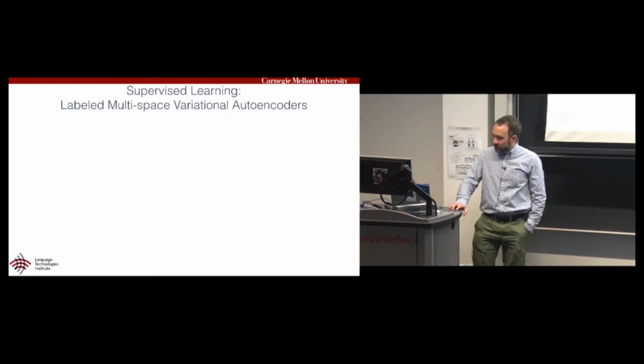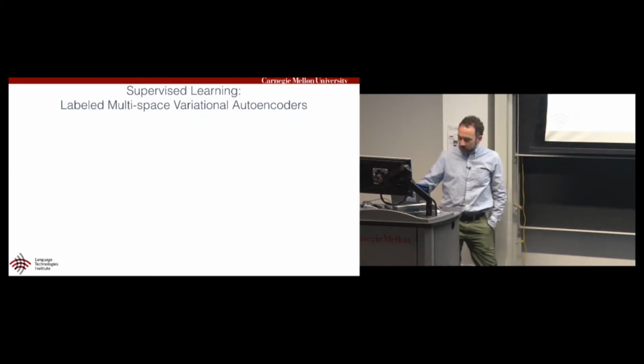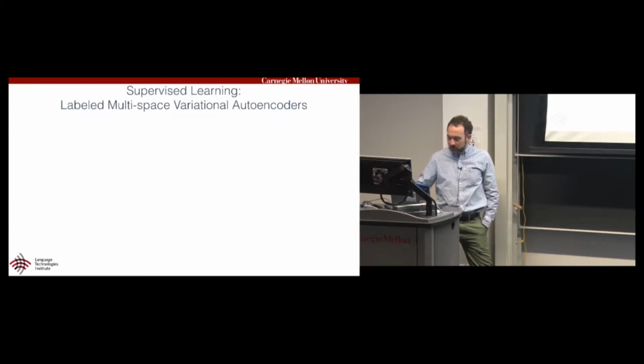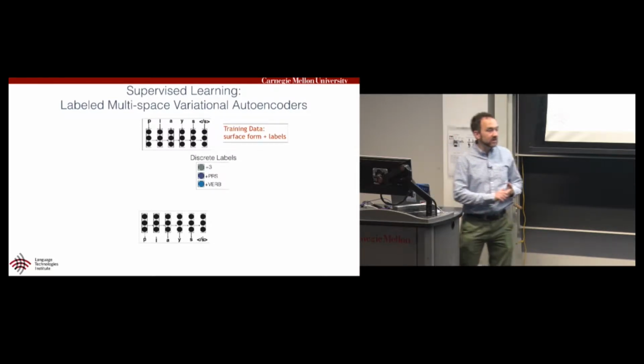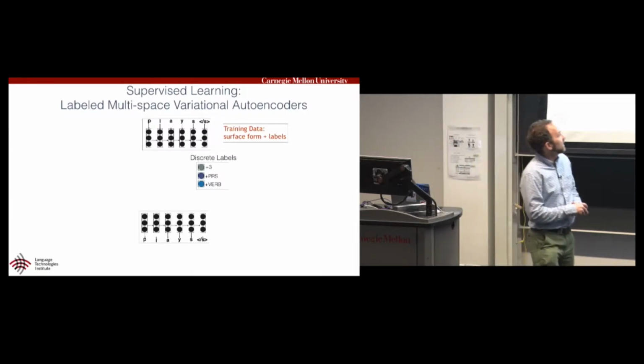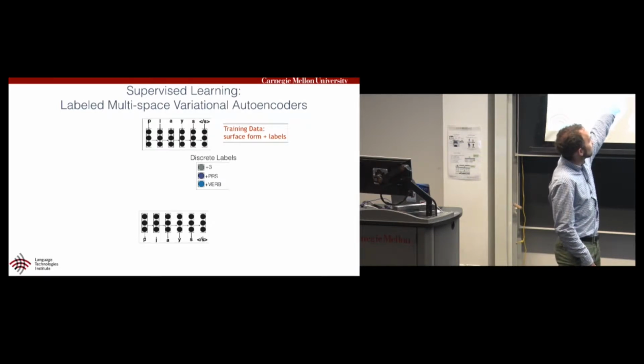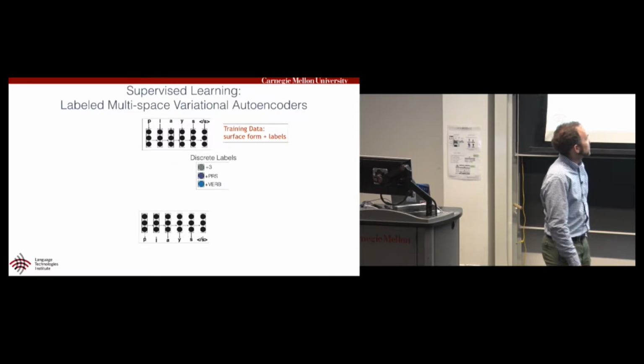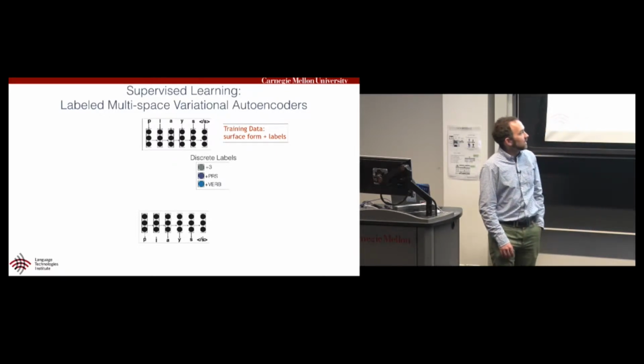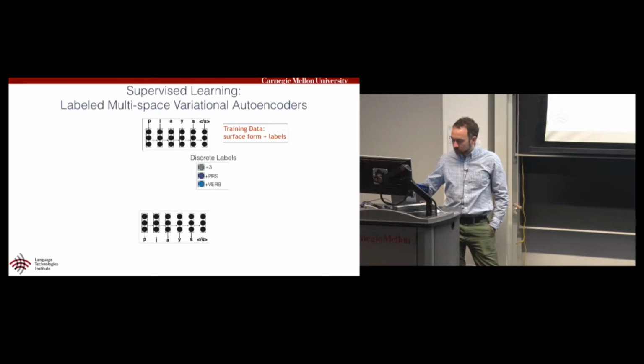So first, we consider a supervised learning setting, which we call labeled multi-space variational autoencoders. In this case, we have training data, which is a surface form of a word, just the characters in the word, and some discrete labels. And from this, we can learn the parameters of the inference model and the parameters of the generation model, and also the latent continuous variables.